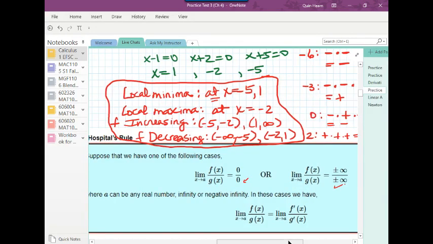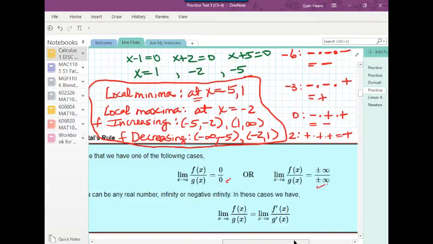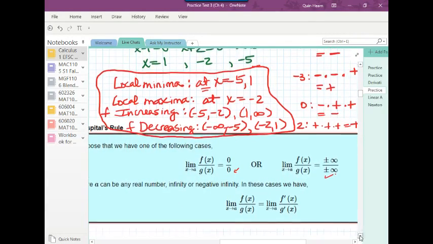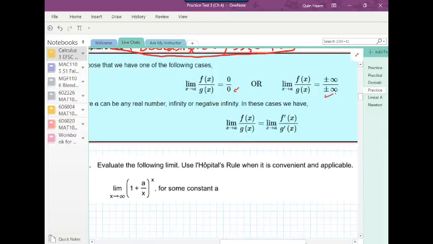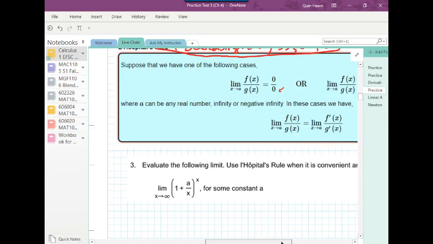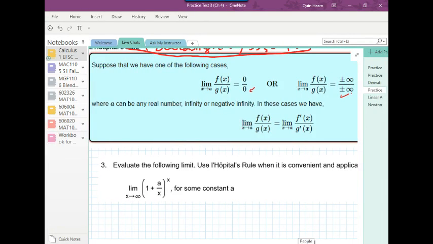All right, the next thing I'd like to talk about, again, I'm hitting the highlights, some of the main topics that are on our test review, is L'Hopital's rule. So L'Hopital's rule, remember, addresses the case where we get certain indeterminate forms, like 0 divided by 0 or positive infinity divided by positive infinity.